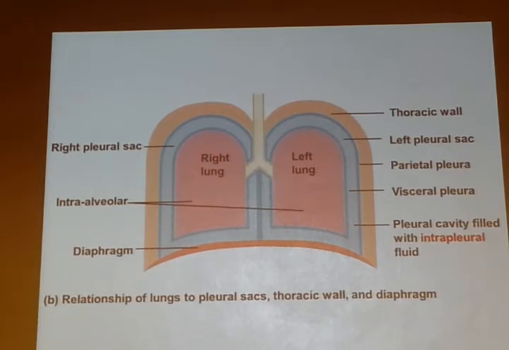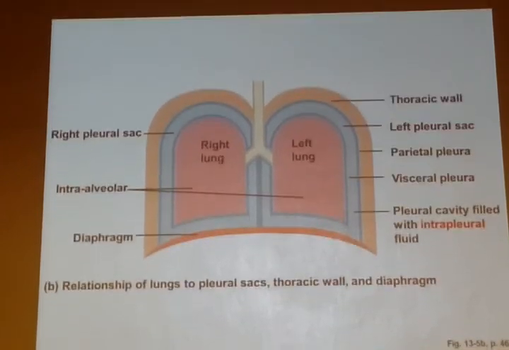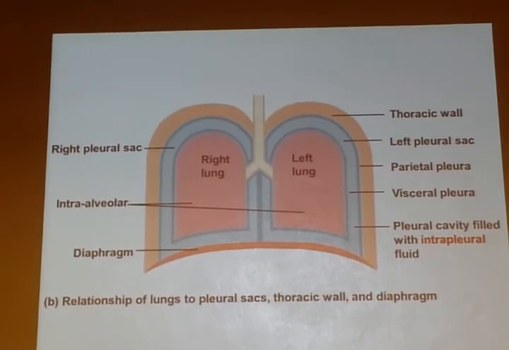There's also a term called intraalveolar and intrapulmonary. Intraalveolar is different enough from intrapleural that you're not going to confuse those terms, but intrapulmonary and intrapleural, I find students tend to get confused with those two, and therefore pressures which are extremely different in those two areas, they get the pressures confused.